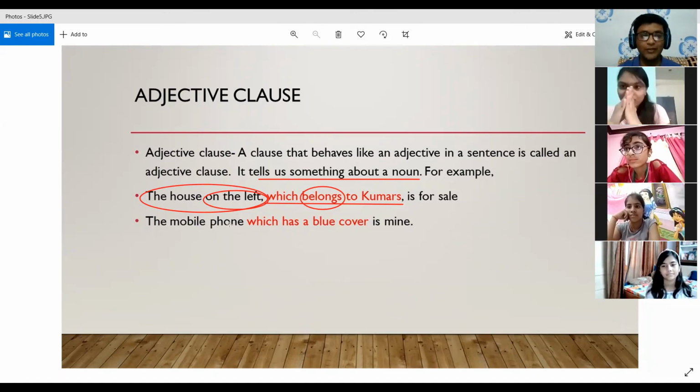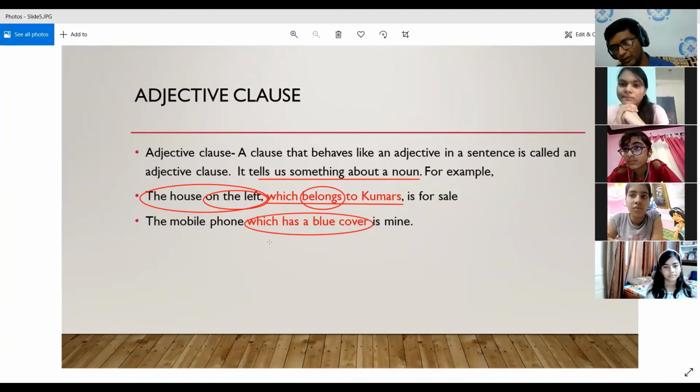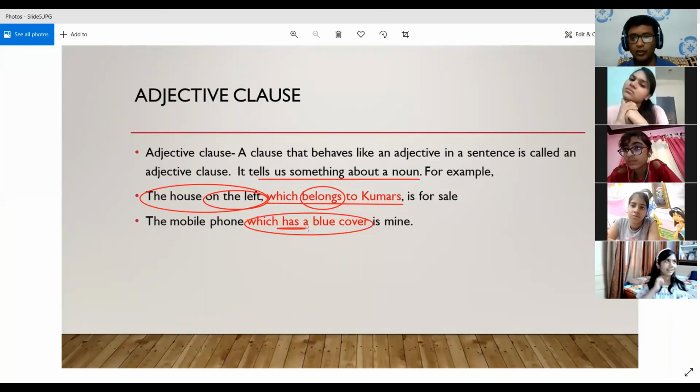The next example. The mobile phone which has a blue cover is mine. Now, which has a blue cover is present. What is it doing? Describing the mobile phone. Which mobile phone? The phone which has a blue cover. Now see, has is present. In this sentence, you will not find any other verb apart from has.